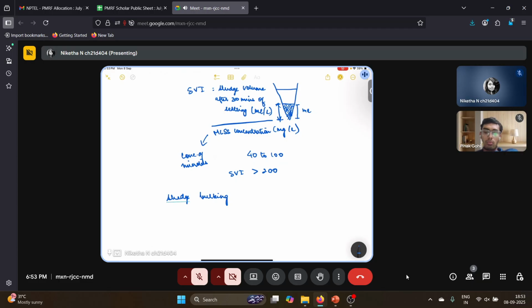Some types of bacteria which are filamentous will form bulk very easily, and their growth should be restricted. So if your SVI is high, it means that we need to bring some changes so that the population of filamentous bacteria is not in excess compared to your active bacteria, the bacteria which are breaking down the organics.